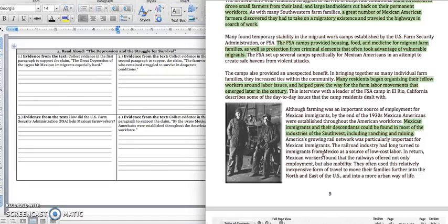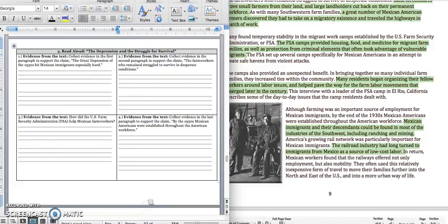And the second quote I found was about the railroad, how the railroad industry had long turned to immigrants from Mexico as a source of low-cost labor. And you can write those two quotes in box 4. Press pause to write down your answer and play when you're ready for the paragraph.